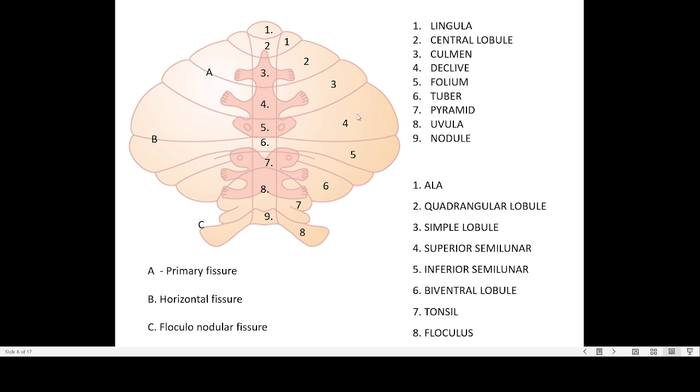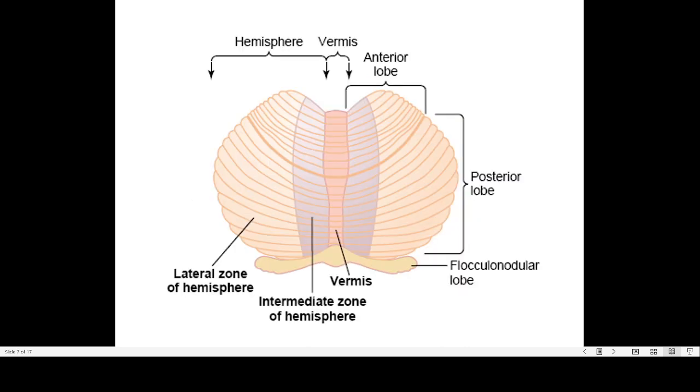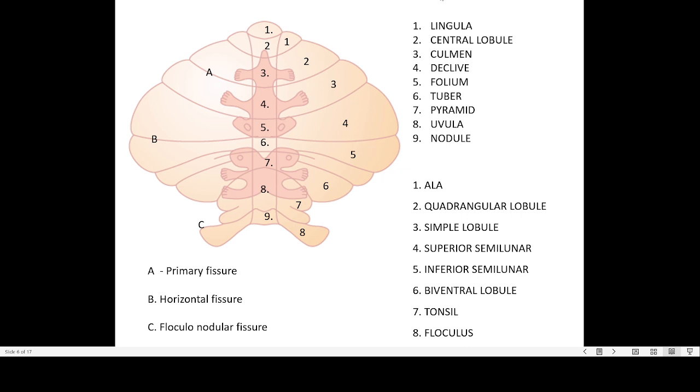These are the lobules of the vermis. Just remember: lingula, central lobule, filament, declive, folium, tuber, pyramid, uvula, nodule.